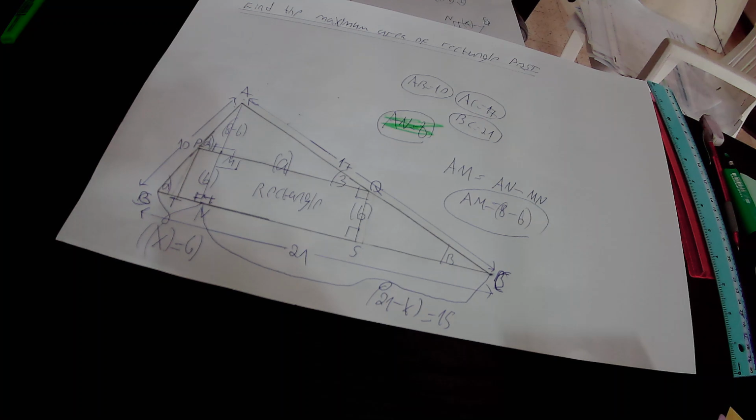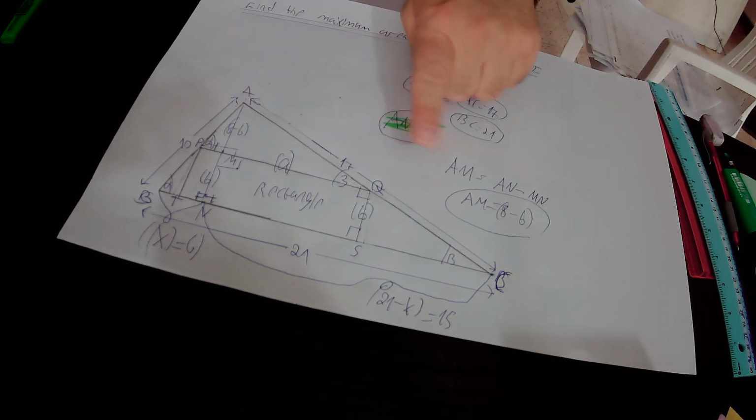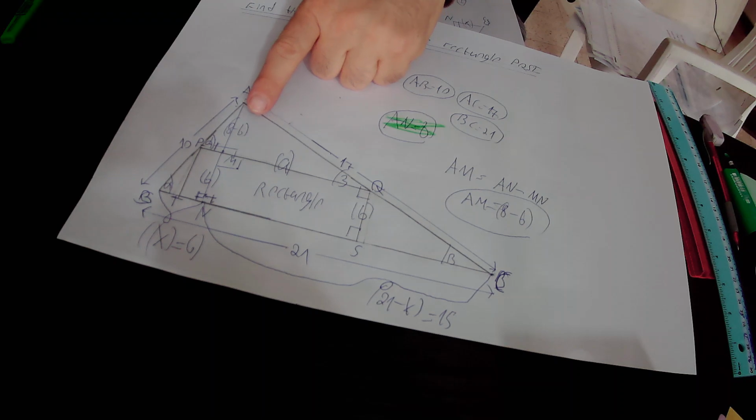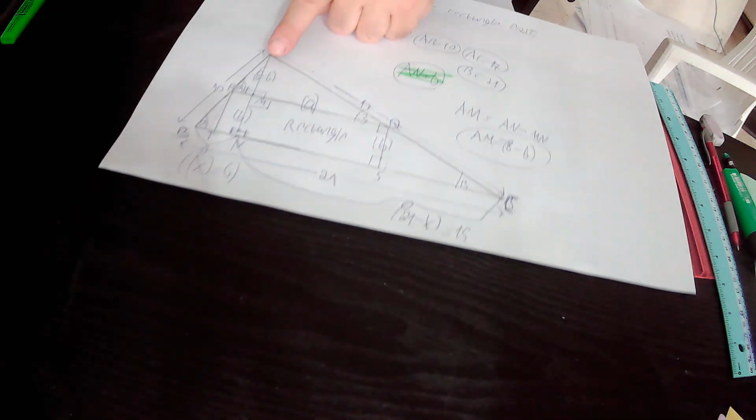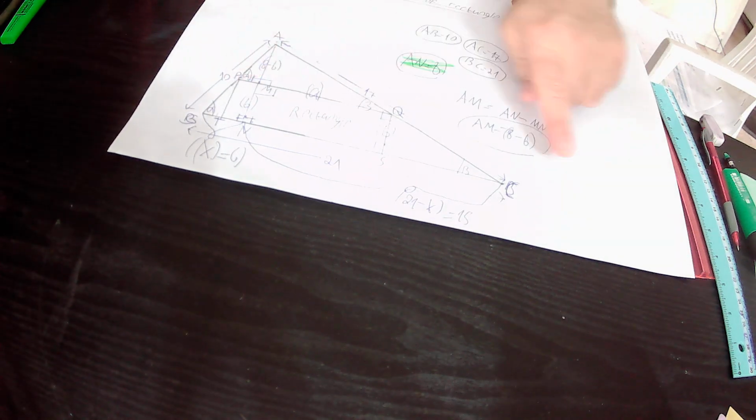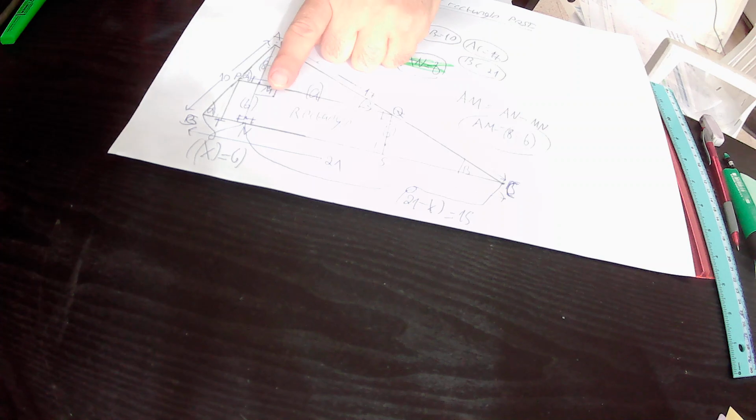We define the touching point of the perpendicular from point A and side PQ as point M. In the next step, we extended the perpendicular AM until it touches side BC, and we define the touching point of the perpendicular from point A and side BC as point N.